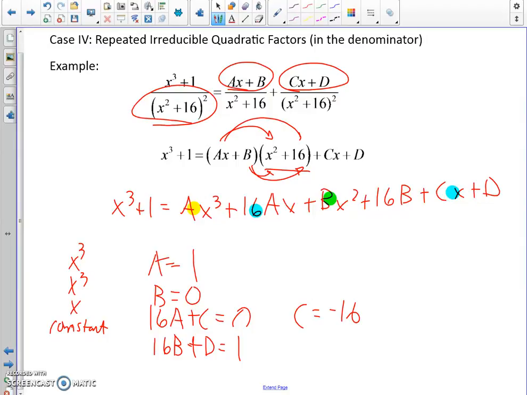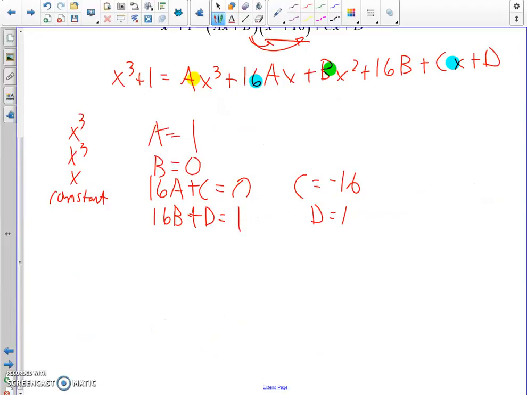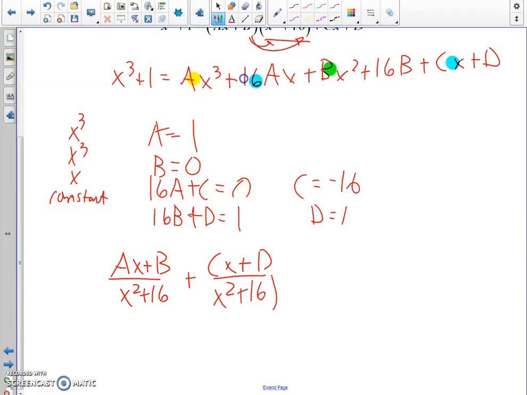Since b was equal to 0, that means d is equal to 1. Again, you recall I had ax plus b over x squared plus 16 plus cx plus d over x squared plus 16 squared.